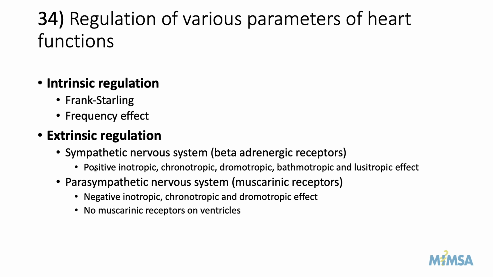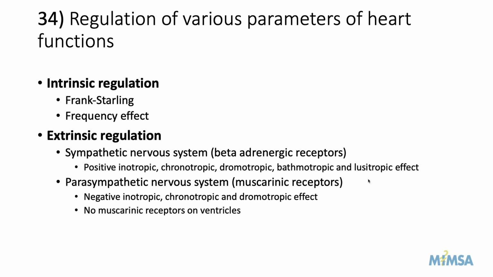So obviously positive inotropic, which increases the contractility, and increased heart rate, chronotropic. Dromotropic is the conduction through the AV node, so the sympathetic nervous system increases that. Bathmotropic increases the excitability because it reduces the resting membrane potential, so it increases the excitability of the conduction and the action potentials.